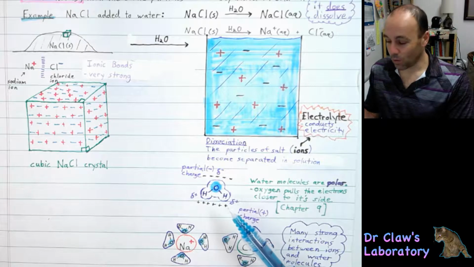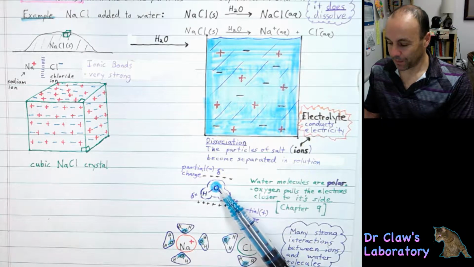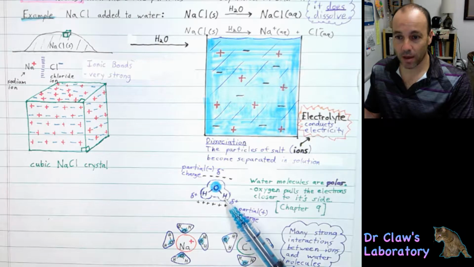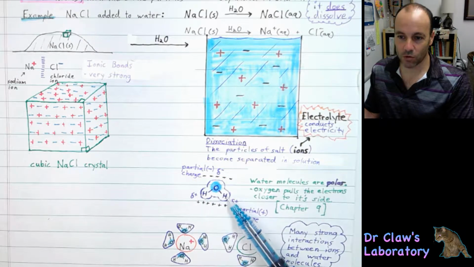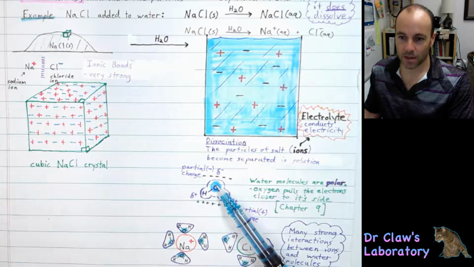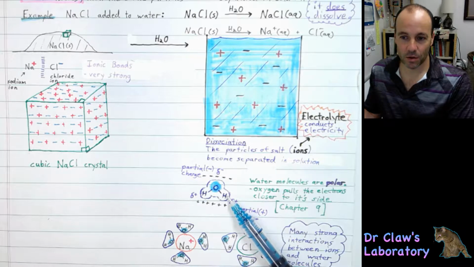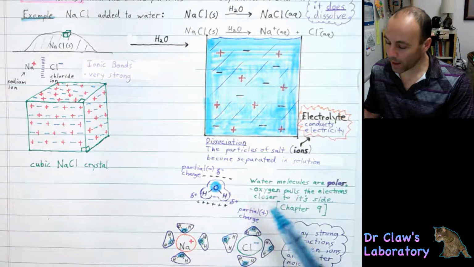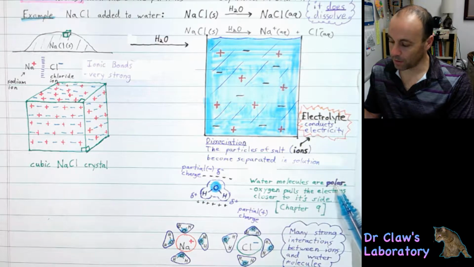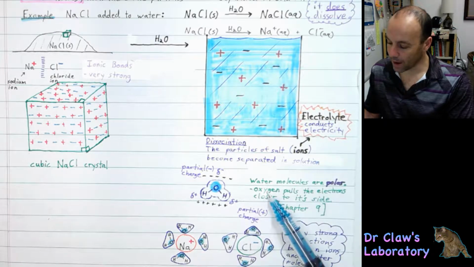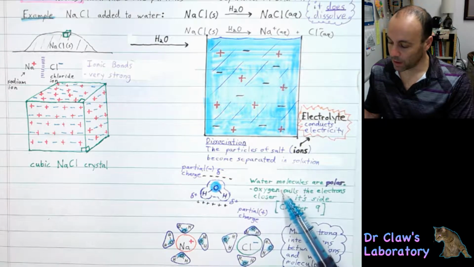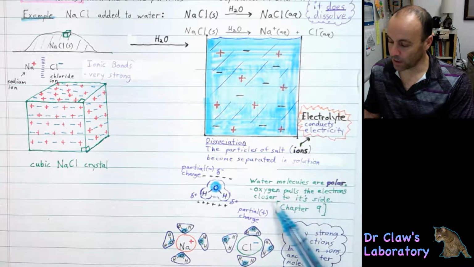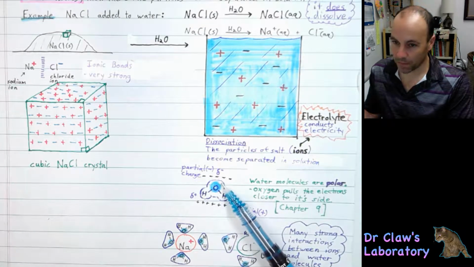Well, if you look at water molecules, they have a nice triangular structure. The two hydrogen atoms are connected to the same oxygen atom, in a kind of triangular structure. Now, water molecules are polar. The oxygen right here pulls electrons closer to its side of the molecule.